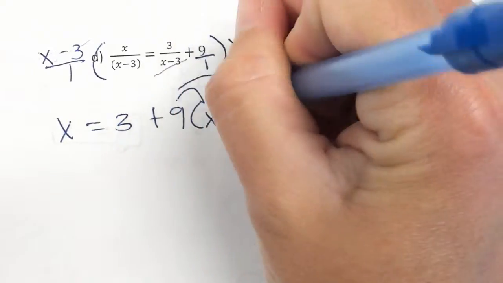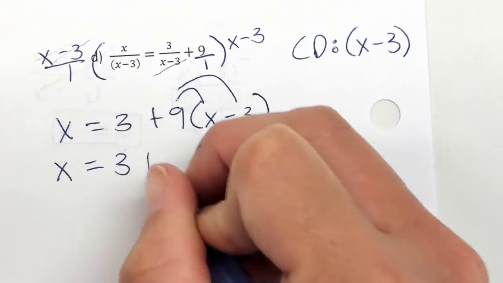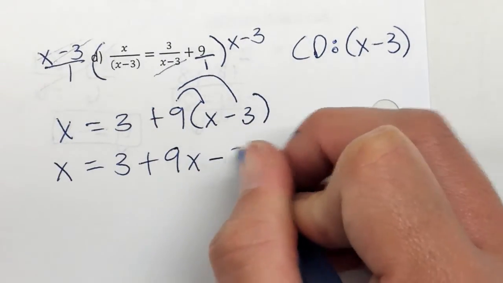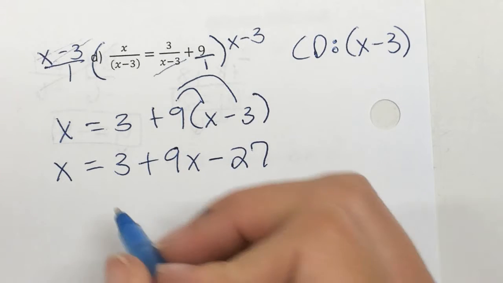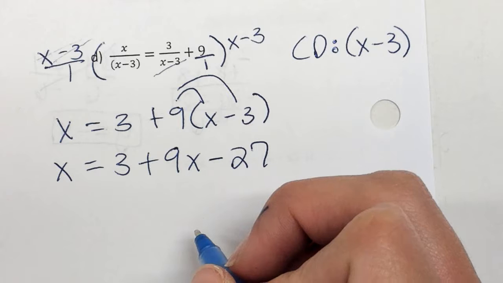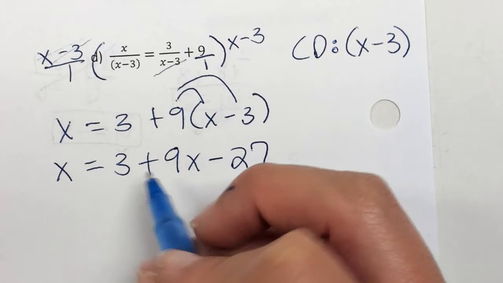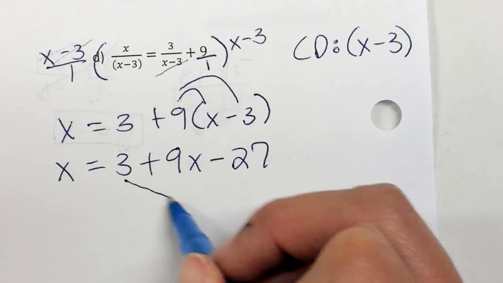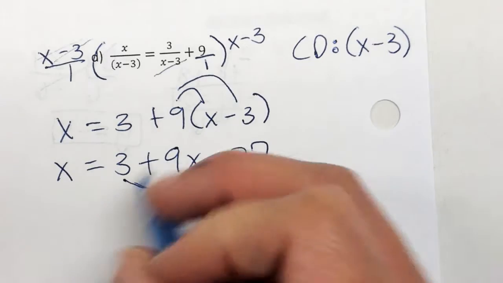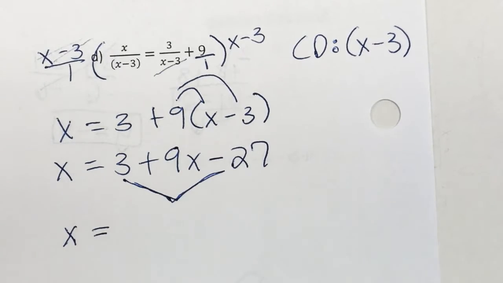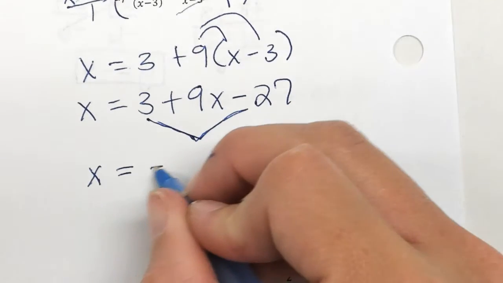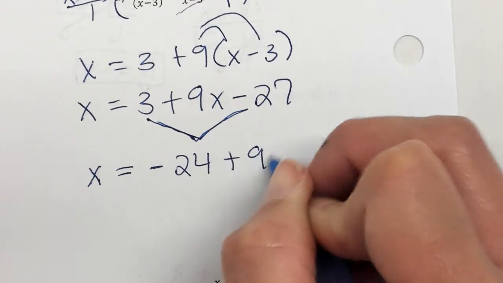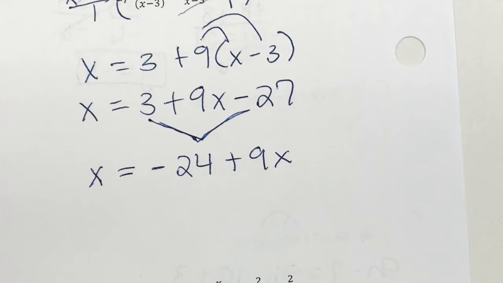Distribute. Good. So tell me what that's going to give us. 9x minus 27. What next? What can we do first? 27 and 3. So do I have to change any signs? Nope. They're on the same side. So what's 3 minus 27? Negative 24. Good. Now what?